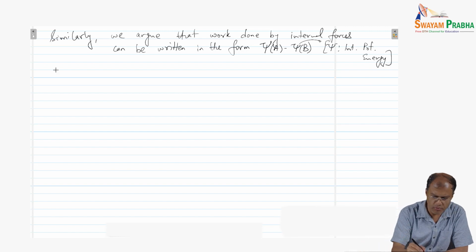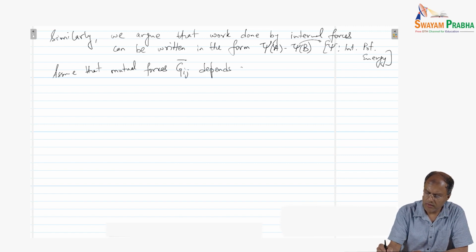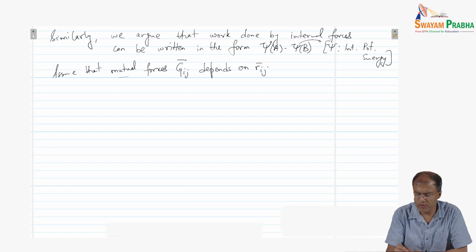Okay, so we assume that the mutual forces Gij depend on rij. What are these mutual forces? These are my internal forces. They depend on the position. This is quite logical to assume.